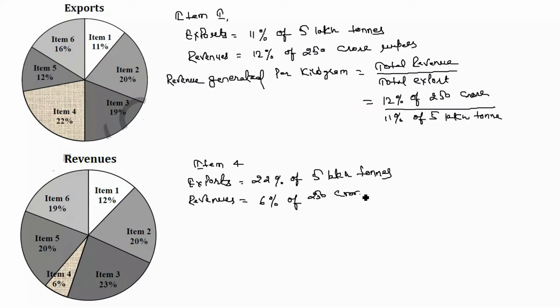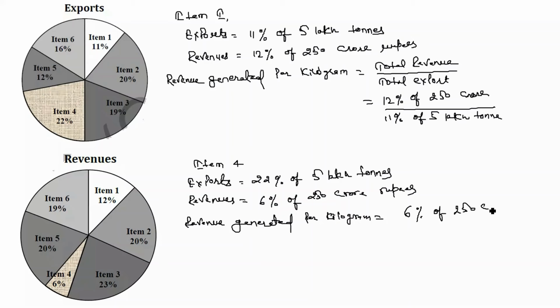Now the revenue generated per kilogram will be the same, total revenue by total export. So total revenue for item 4 is 6% of 250 crore rupees, and total export is 22% of 5 lakh tons.